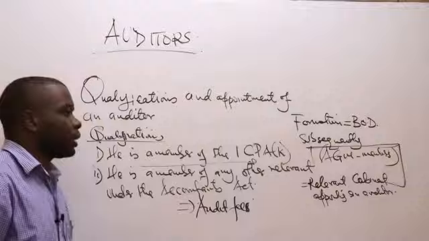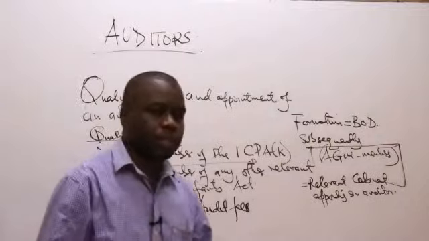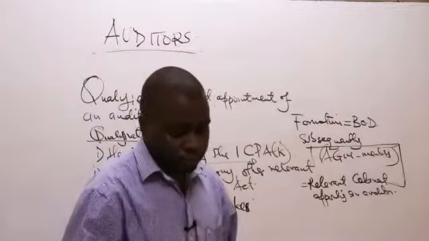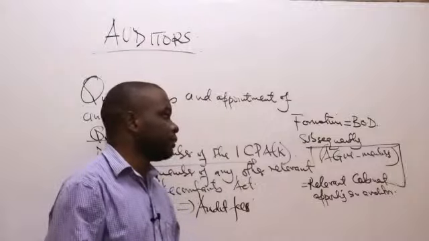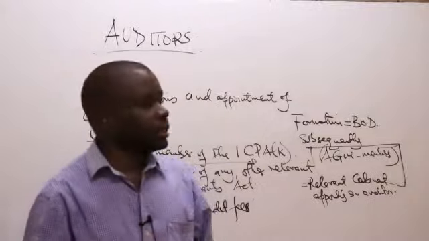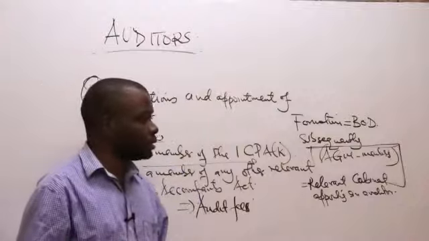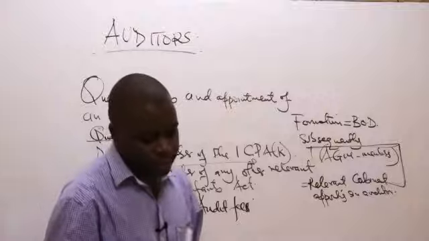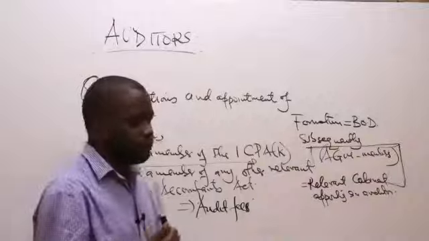Then number 3, what you can talk about: if there's a casual vacancy in the office of the first auditor, the directors will appoint his replacement. Just say it will be filled by the directors.